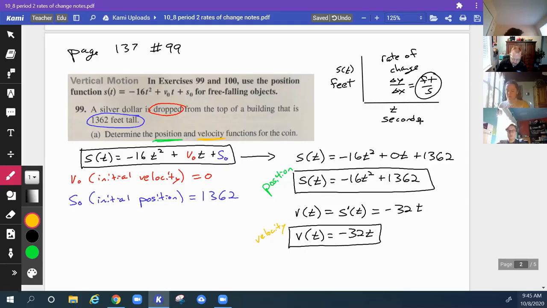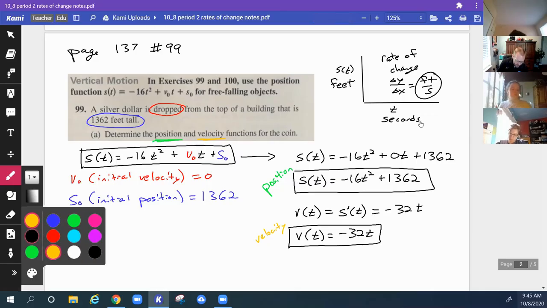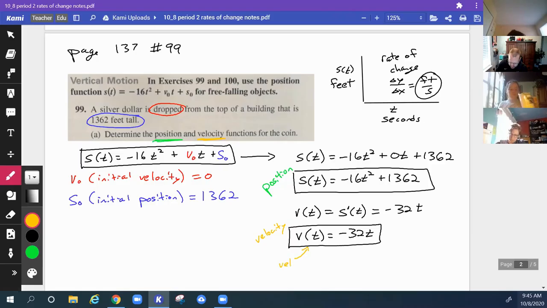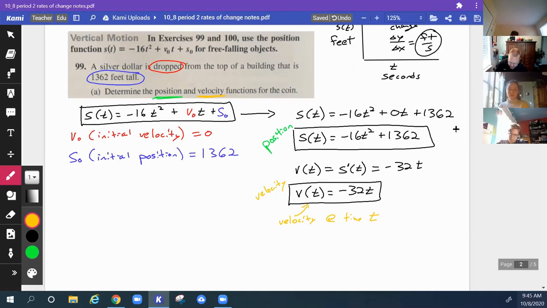Remember that S of t is my position, and velocity refers to the velocity at time t. Remember, this is the instantaneous velocity.